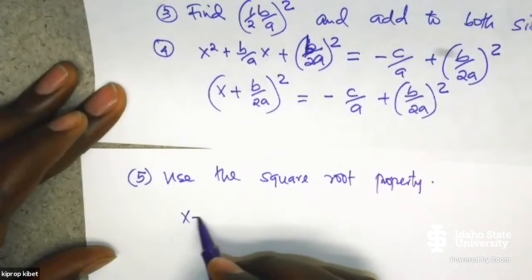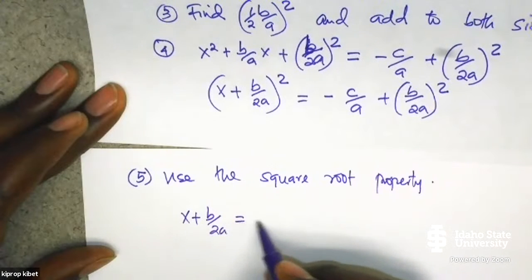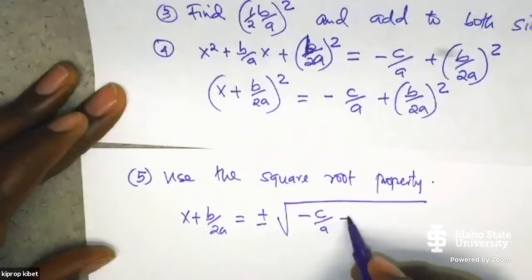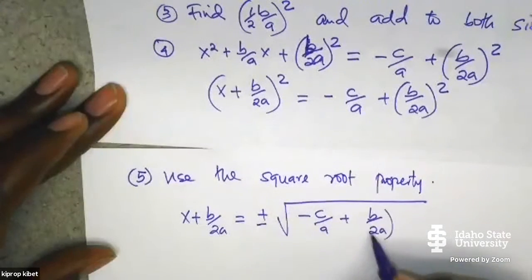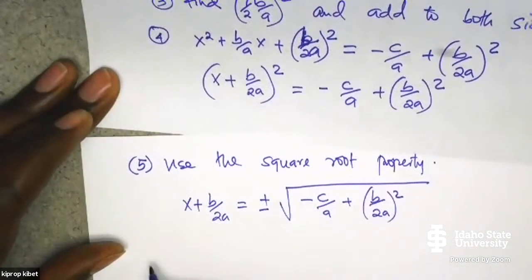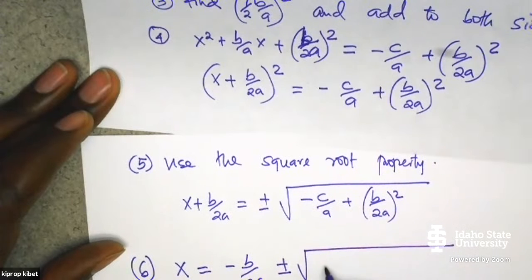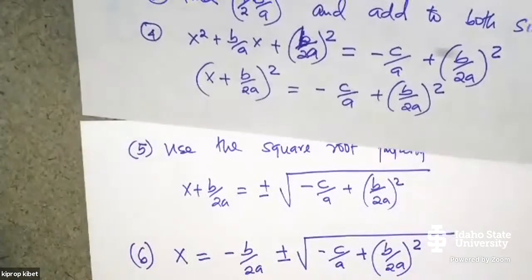It becomes x plus b all over 2a equals to plus or minus the square root of minus c all over a plus b all over 2a squared. And finally, number 6, our solution x equals to, take this one to the other side, minus b all over 2a plus or minus the square root of minus c all over a plus b all over 2a squared. That is our solution.